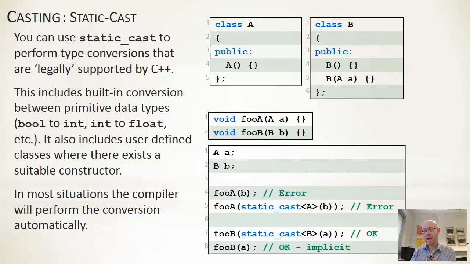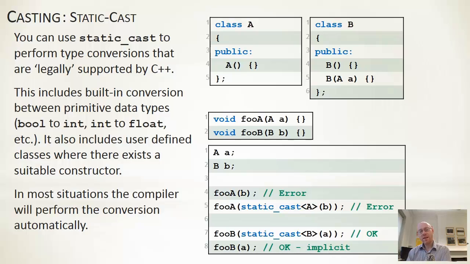We'll automatically look at the constructors and if there's one that's defined, we'll assume that's what was meant, and we'll then execute it. So 7 and 8 are equivalent. Quite often 7 would be used simply by the programmer by way of indicating that, look, I'm doing an explicit cast here. I want to make it clear to somebody else looking at it, but functionally they have the same outcome.